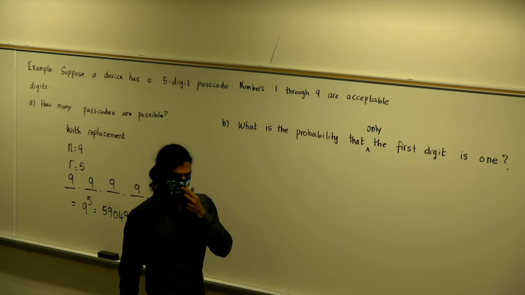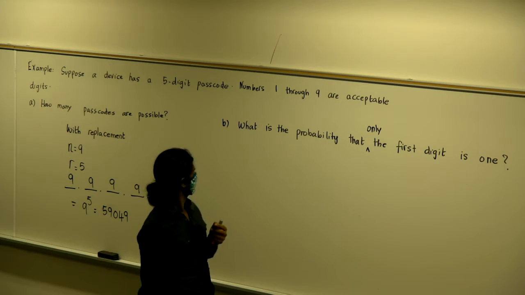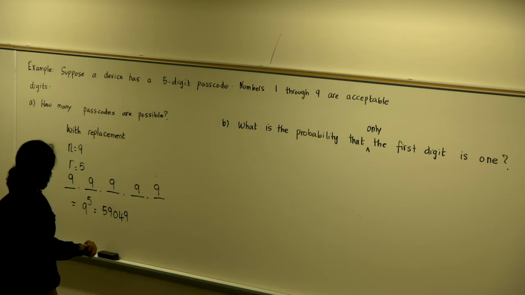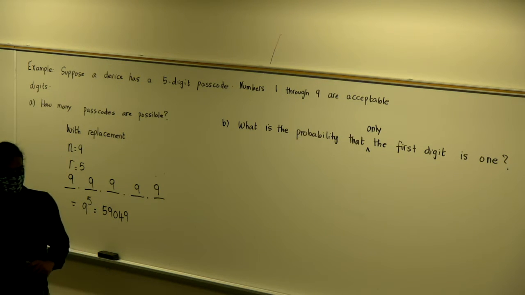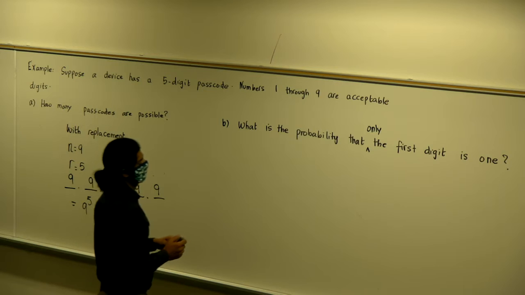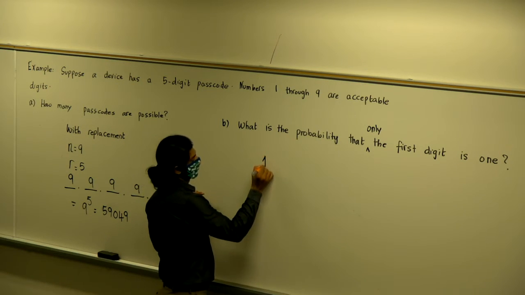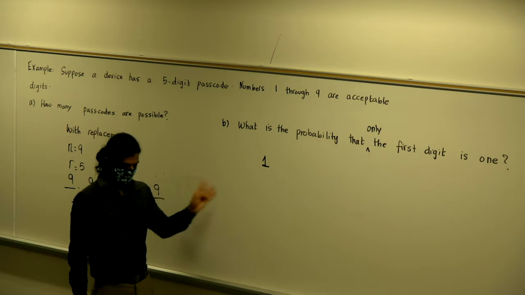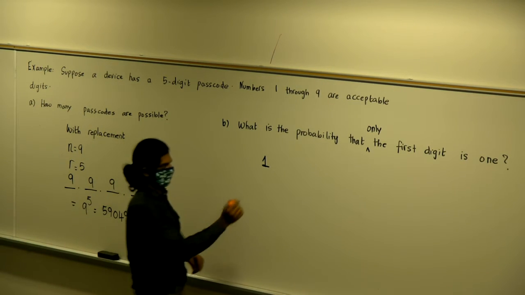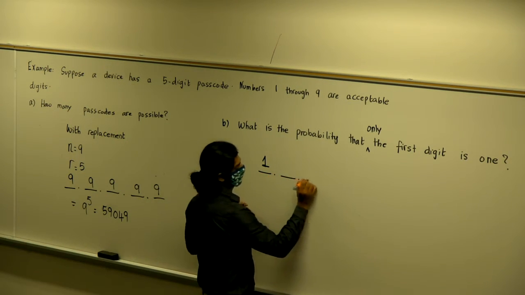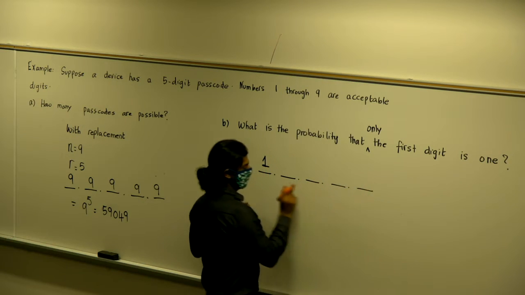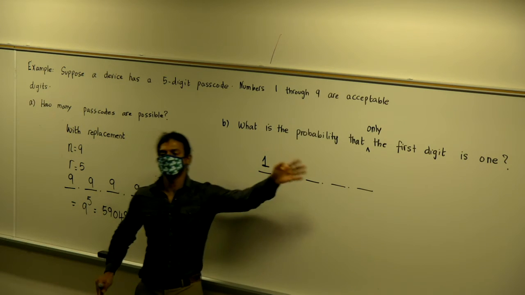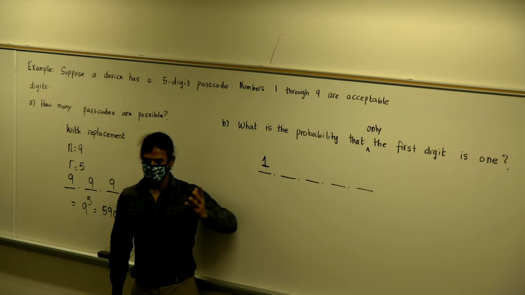Wouldn't it be 9 over 59,049? Because isn't there only like 9 possibilities that only the first digit would be 1? So if the first digit is 1, and only the first digit can be 1, the others cannot be 1, but they can repeat, yes.